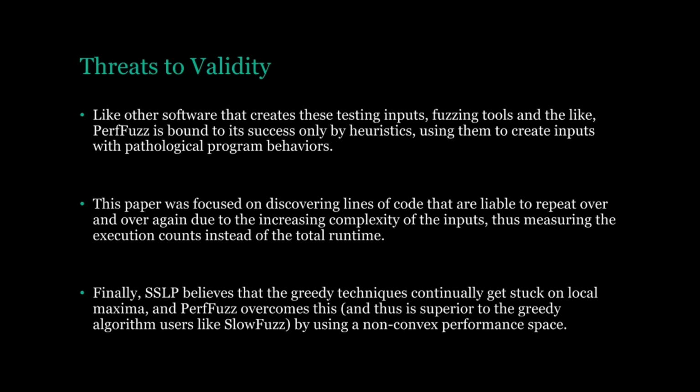And finally, SSLP believes that greedy techniques continually get stuck on local maxima, and PerfFuzz overcomes this, and is thus superior to greedy algorithms like SlowFuzz by using a non-convex performance space. While the testing could be described as anecdotal evidence, SSLP did not map the performance spaces of their benchmarks to measure their convexity.